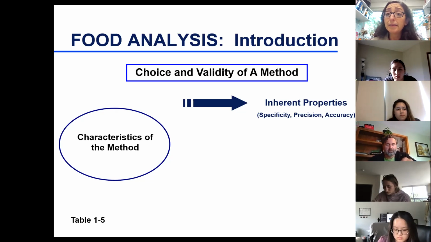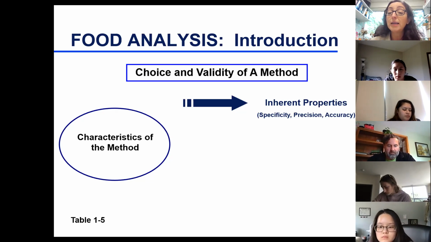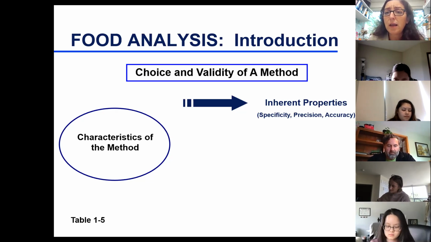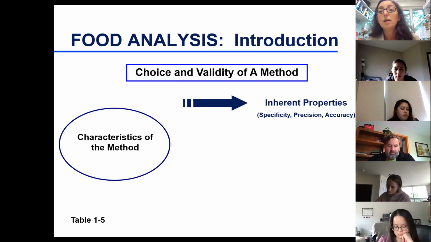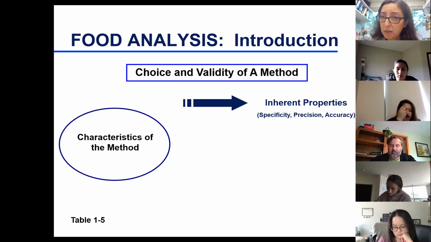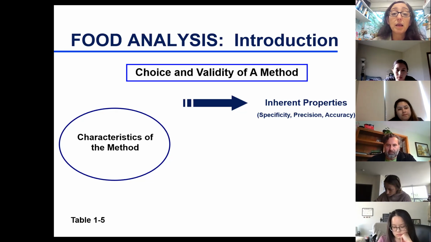Whenever you run an analysis, you have to run it in replication so that we account for any error. In statistics, you account for something called experimental error. So you replicate so you can reduce the percentage of chance, and then you're more certain of your data. So precision is how close your replications are to each other. That is precision. In terms of accuracy, can you type in what you think accuracy is about?